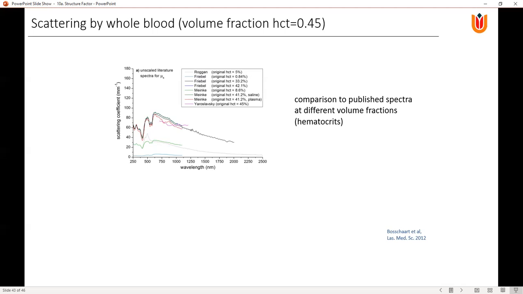So I have this data that I got from literature. I have a measurement at 5%, at 0.84%, at 33, at 42, and so on; take a look at the list for yourself. So let's say I would like to scale all these graphs to a volume fraction of 45%.